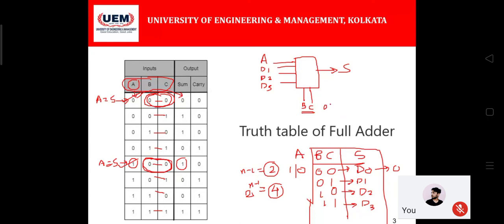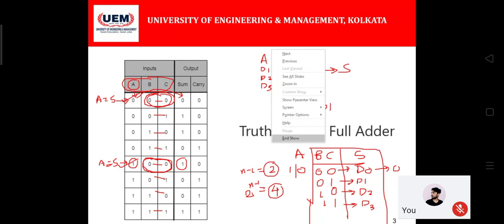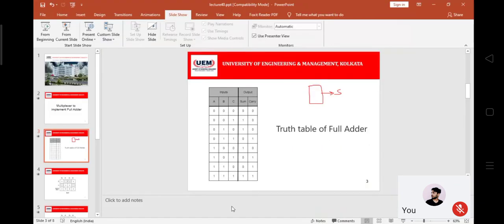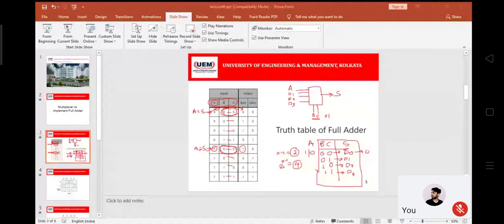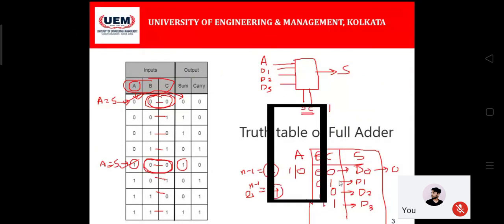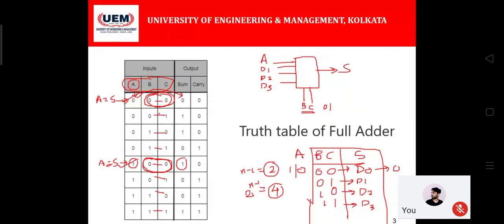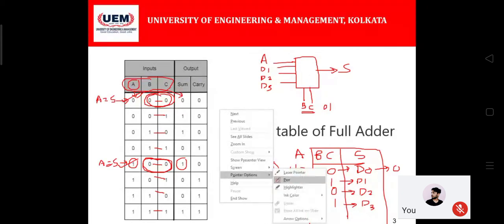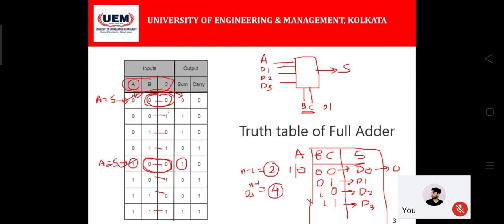So when B and C is having a value of 0 and 1, possible combinations, let me just take another color for better understanding. So when B and C is 0, 1, this is the case, and this is the case when B and C is 0, 1.